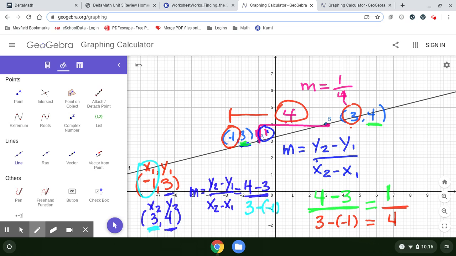Notice we put them in parentheses so I don't get confused. 4 minus 3 is 1. 3 minus negative 1 is 4. So this is why this works. It works because I'm finding the difference between those 2 points.